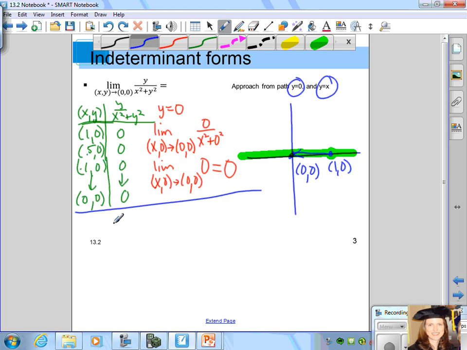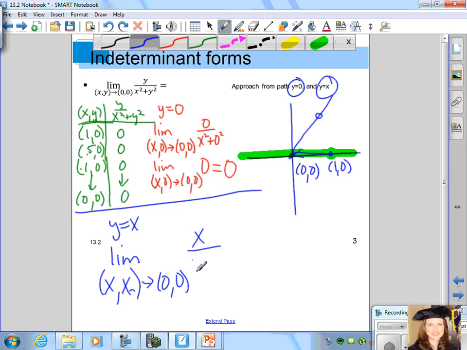Algebraically, from this path, we can do substitution. The limit as (x, y) approaches (0, 0), I'm going to replace the y in the equation with x. The limit as (x, x) approaches (0, 0) of x in the numerator over x squared plus x squared. Let's simplify here first.